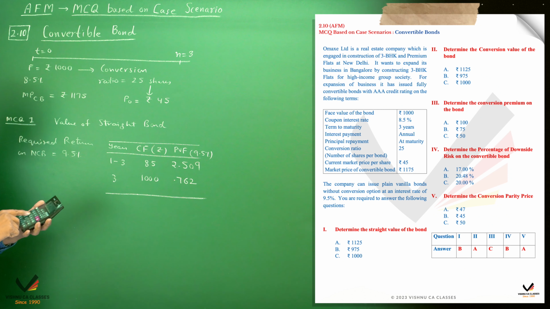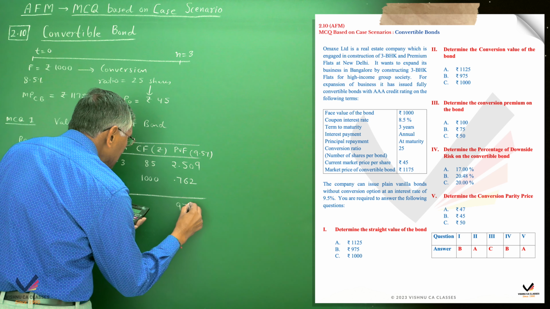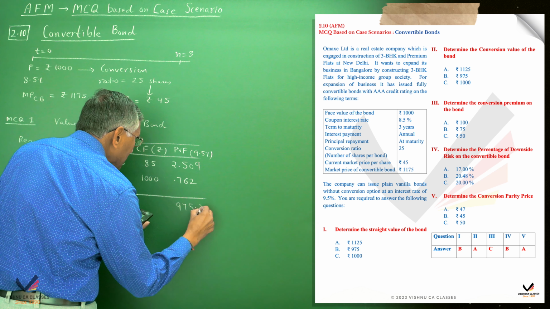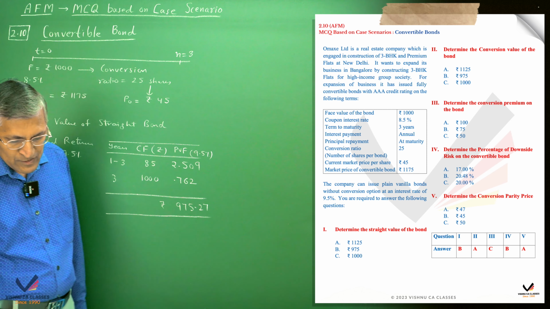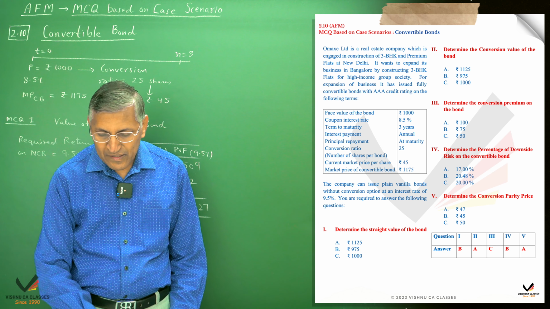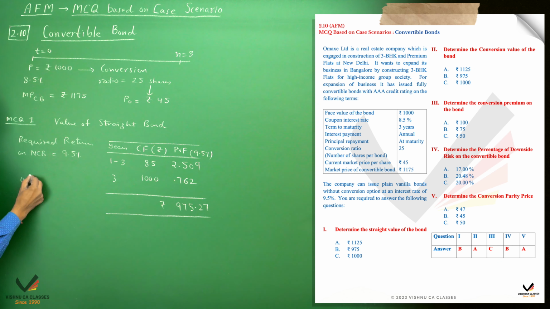So now you multiply 85 times 2.509 plus 762. So straight value bond is 975.27. This is in rupees. Then you can see which option is correct. So option is given B. So our answer is option B.